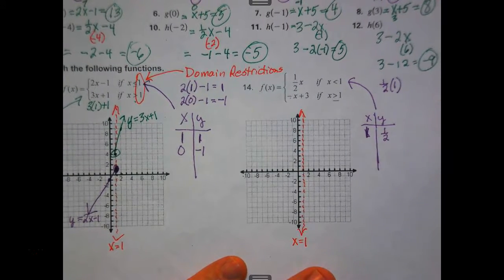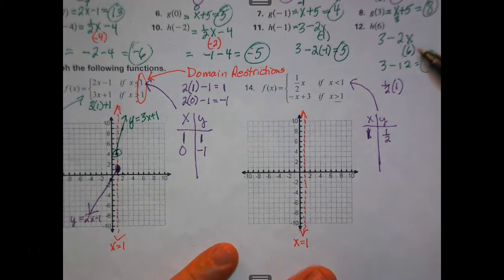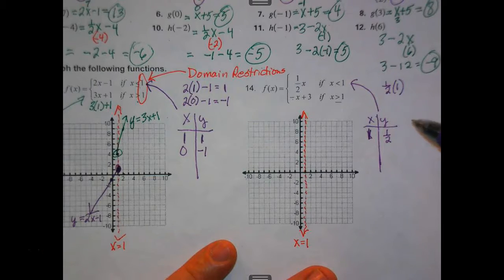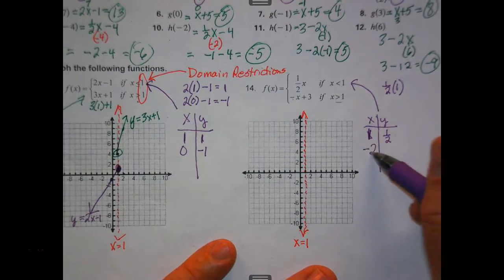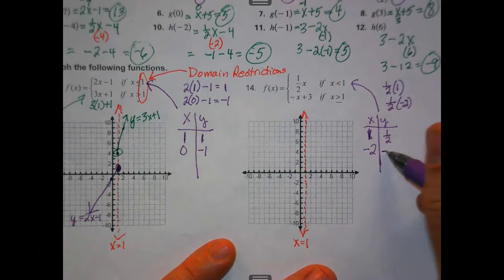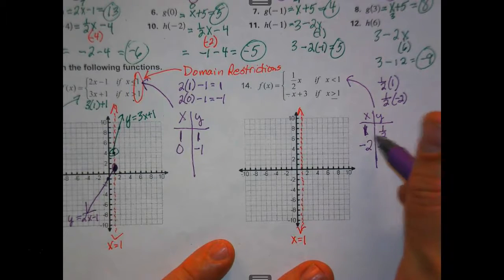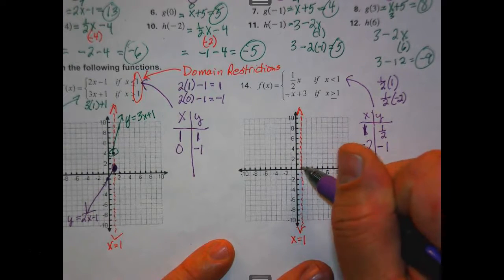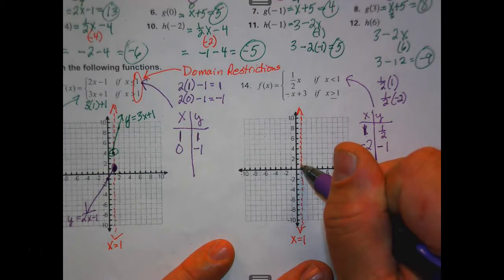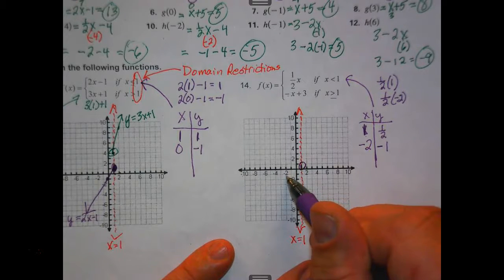Now I need a number smaller than 1. -1 will work, 0 will work, but I'm going to choose -2. Because when I multiply 1/2 by -2, what do I get? A whole number, -1. So I have 1 comma 1/2. Do I have an open or closed circle? Open. And -2 comma -1.